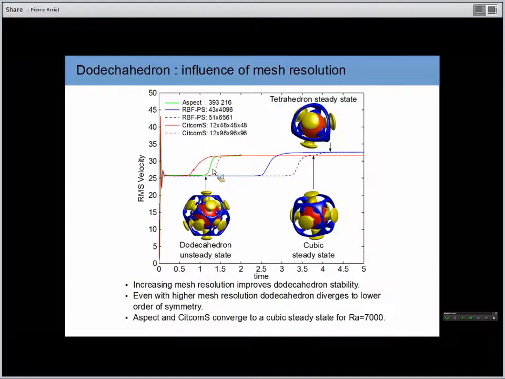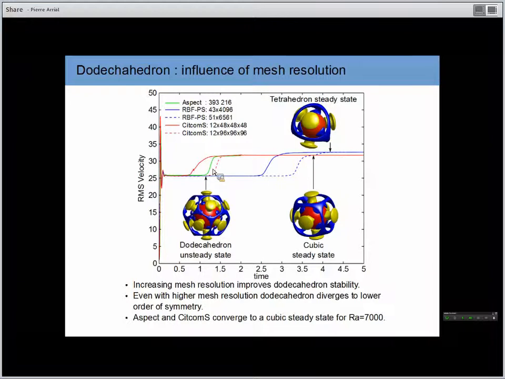If we perform models, first at lower Rayleigh number, here you can see the evolution of the convection in the spherical shell at a Rayleigh number of 10,000 for the two codes CitcomS and RBF, as a function of time. Even if at first both methods converge to a dodecahedral pattern, this structure is not stable with time. It's unsteady.